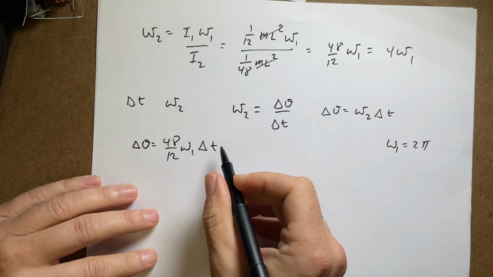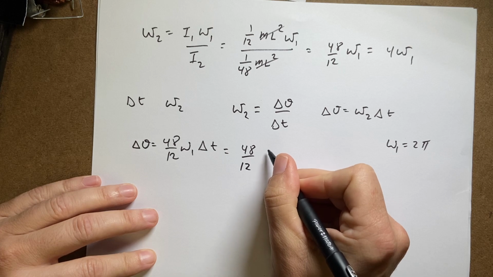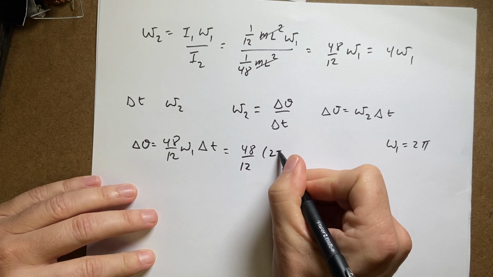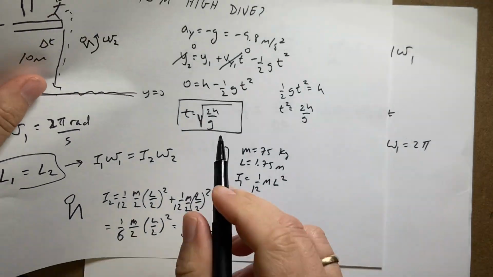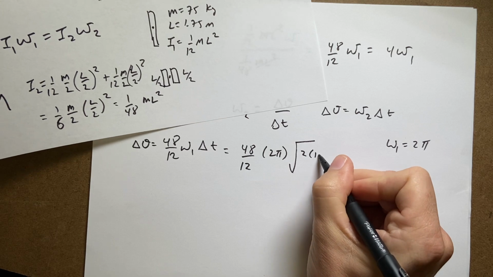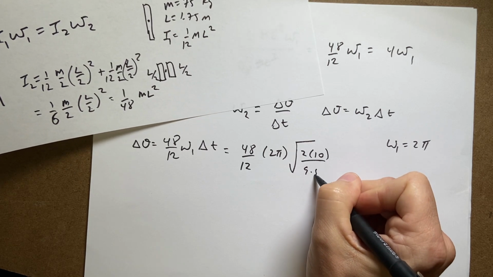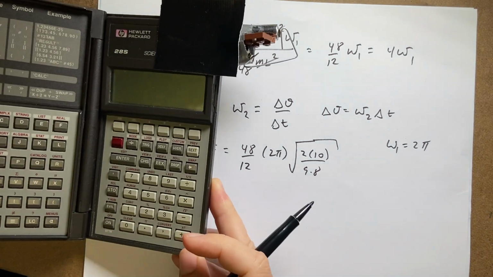And then I can put in delta t, so I get 48 over 12 times 2 pi radians per second times delta t, which is the square root of 2 times 10 meters divided by 9.8. And that's going to give me my angle that I rotate through in radians.